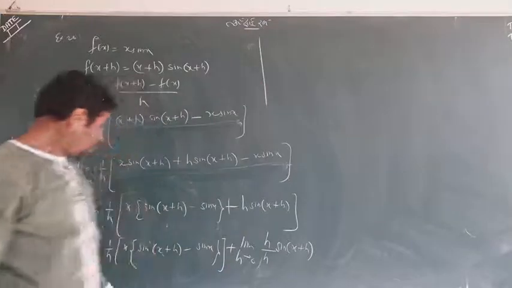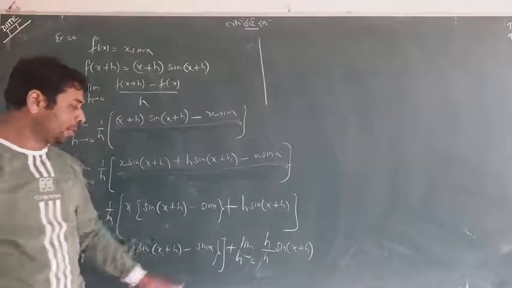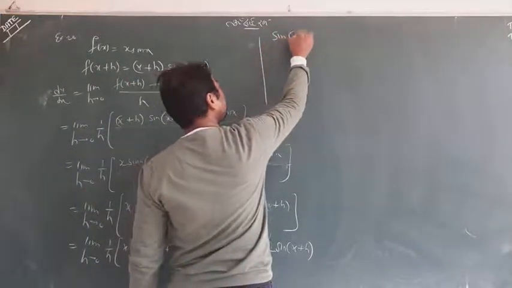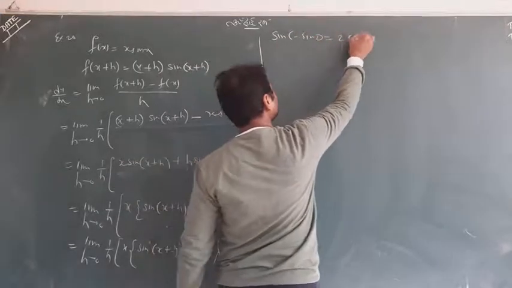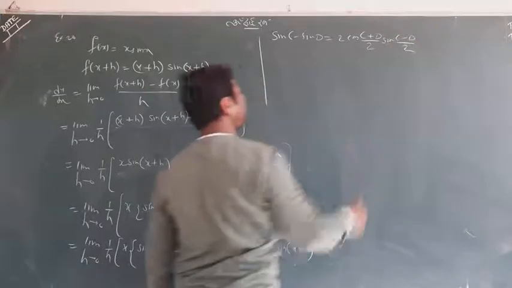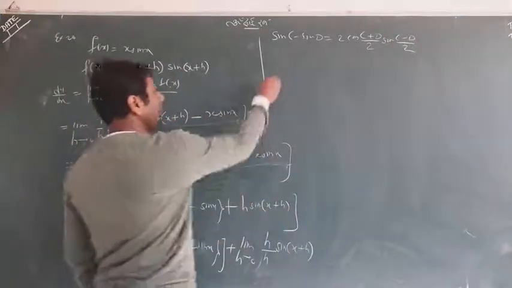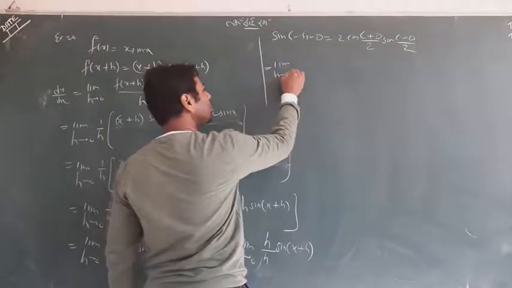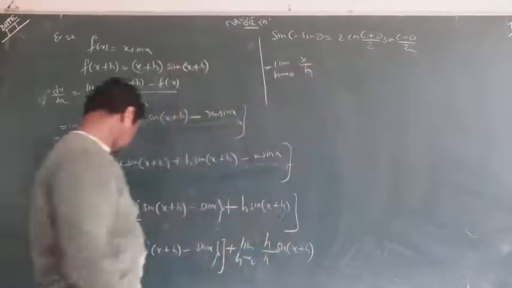Limit, use the formula sin c minus sin d. You know, sin c minus sin d is none else but 2 cos c plus d by 2 sin c minus d by 2. Apply this formula here. So limit h tends to 0, this is x upon h.